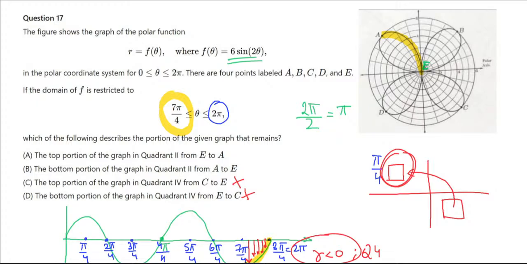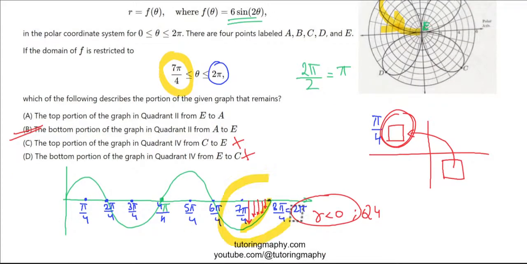That's not what I want. I want it to come towards the origin. So the answer has to be option B, where it says that it is from A to E. A is here, E is here. It is in quadrant 2 as well. So it is definitely coming towards the origin, because the height is clearly decreasing, as we have seen over here, right?